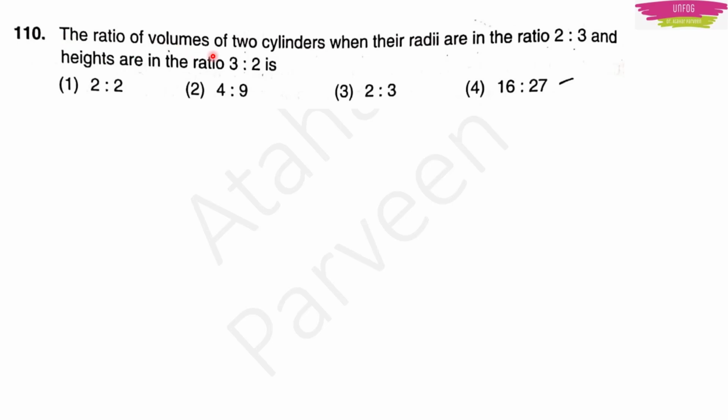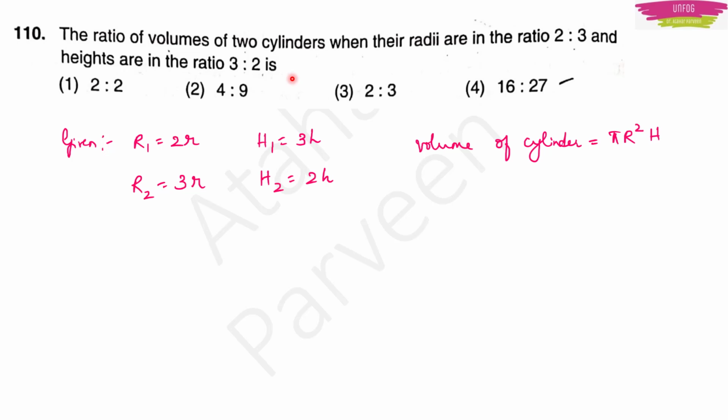Next question. The ratio of volumes of two cylinders when their radii are in the ratio 2:3 and heights are in the ratio 3:2 is. First you know that the volume of the cylinder is pi r square h, and because they are talking about two cylinders, use r1, r2 for radii and h1, h2 for heights. Because they are giving ratios, r1 will be 2 times r, r2 will be 3 times r, h1 will be 3 times h, h2 will be 2 times h.